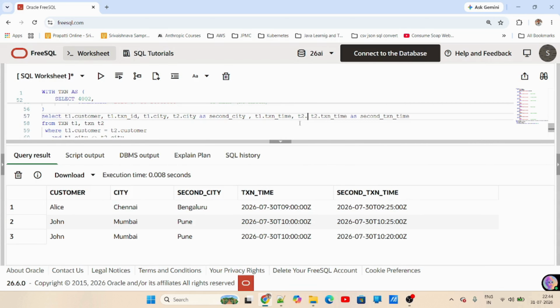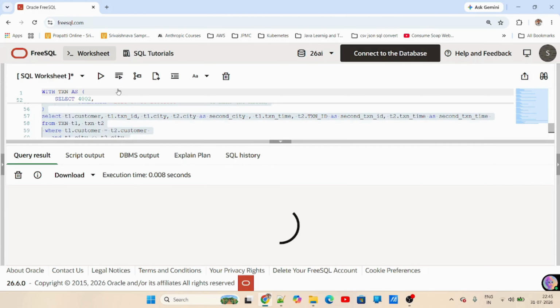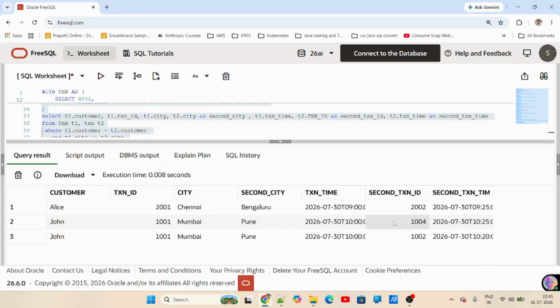T2 dot transaction ID as transaction ID. Yes, it is 2001 and 2002. So this will be flagged as the fraud transaction.